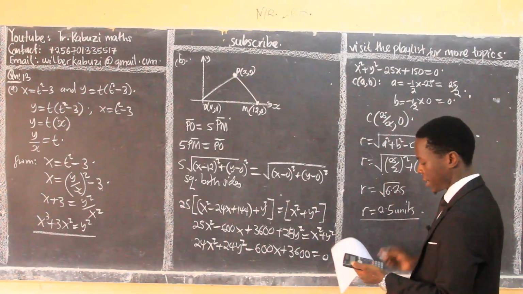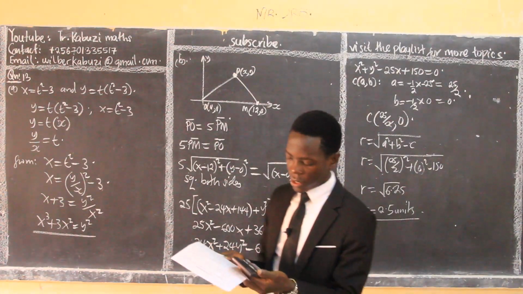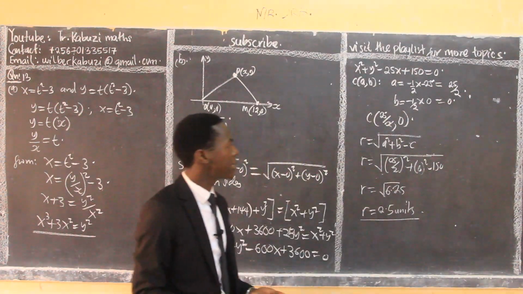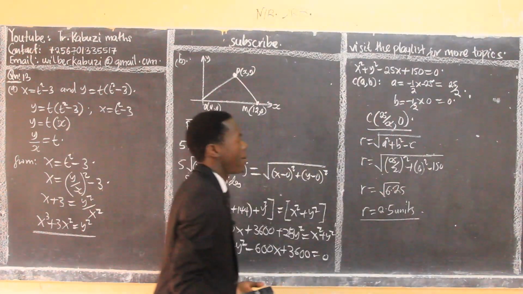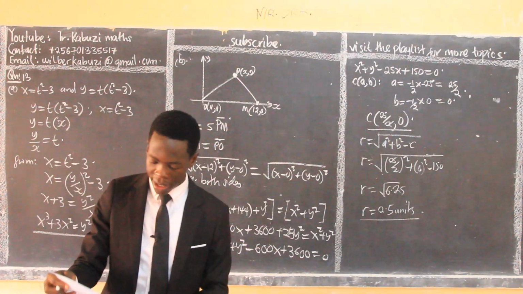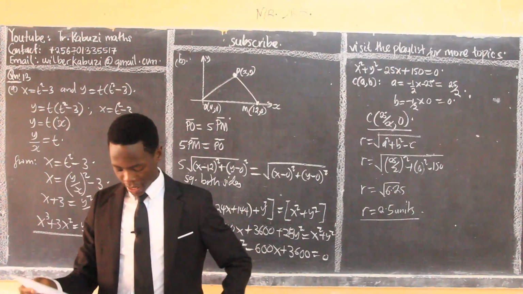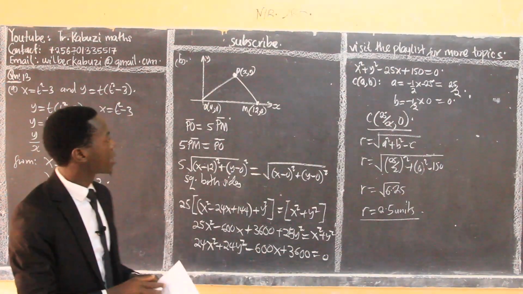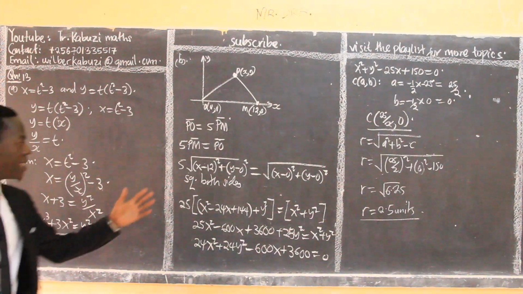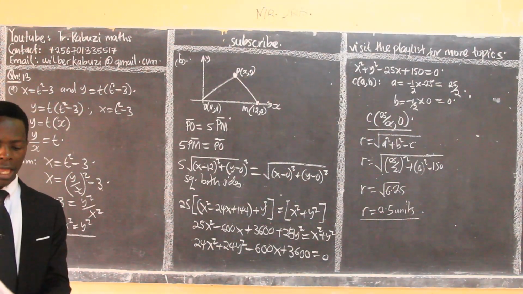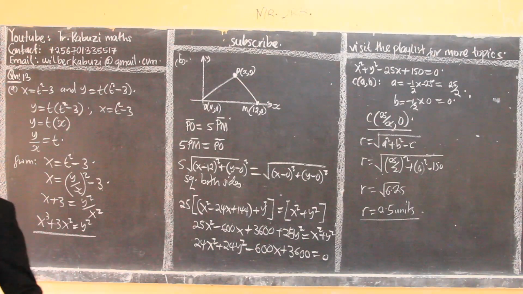So the question was saying determine the coordinates of the center and its radius. These are the coordinates of the center and this is our radius. And so that was number 13. It was coming from the geometry part of it and it was so easy, as you can see.